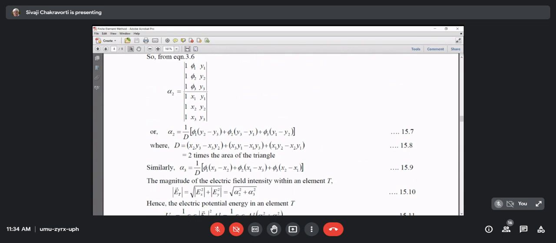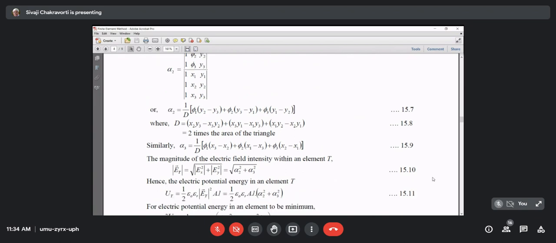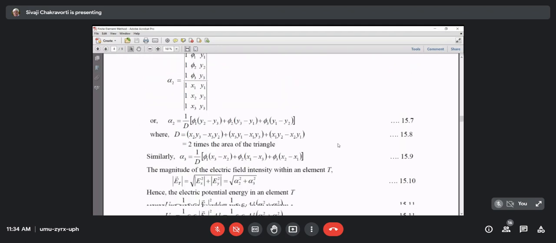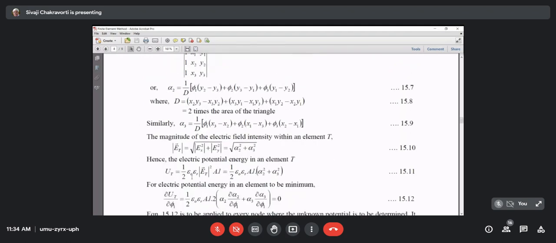Then I have to minimize the energy. For that, I need the value of E. If I know the two components of E, that is x and y, then E will be square root of ex square plus ey square. So here we are doing that E total is square root of ex square plus ey square.